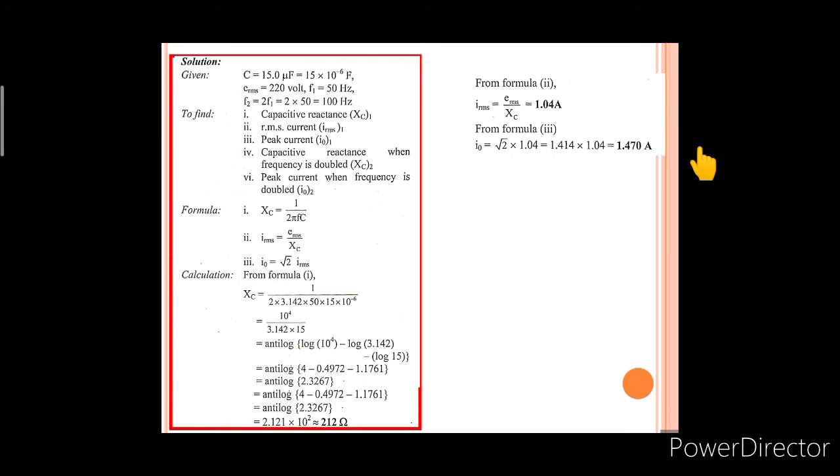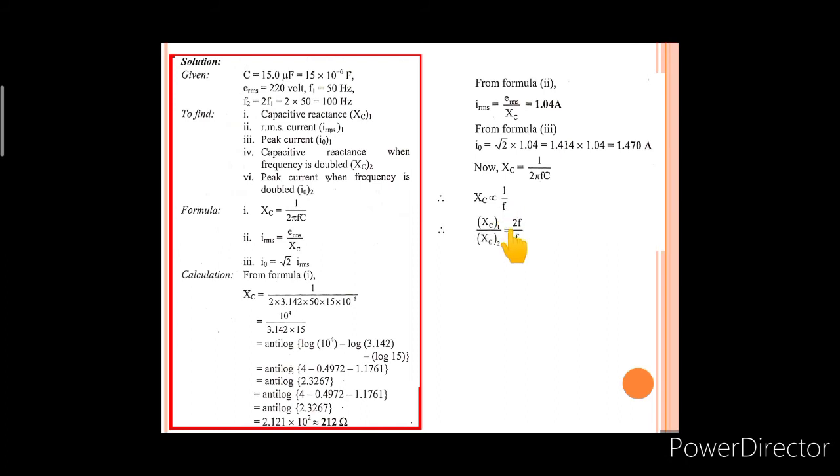Then next, for the given condition when the frequency is doubled. Over here we know the relationship between capacitive reactance and frequency, Xc = 1/(2πfC). Here 2π and C are constant values and frequency is going to change. In this case the frequency is doubled. So we can say that Xc is inversely proportional to frequency.